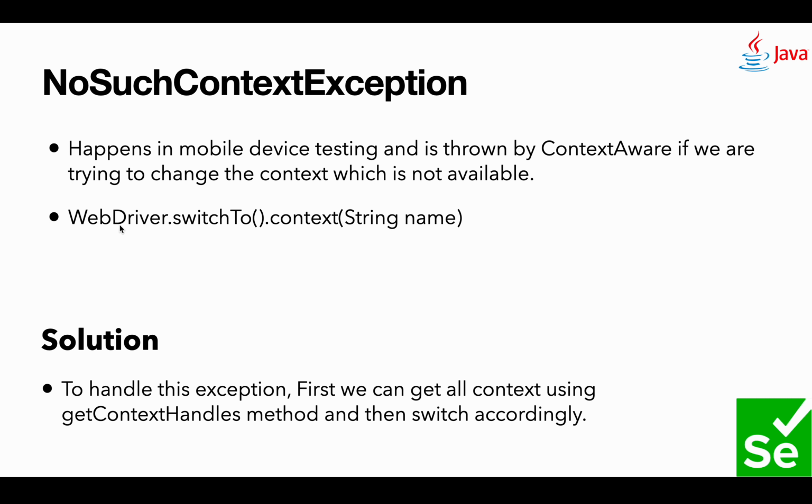It will throw this exception, because that web context is not available and we are still trying to switch to it. The solution is to first get all the contexts using the get context handles method and then switch accordingly.